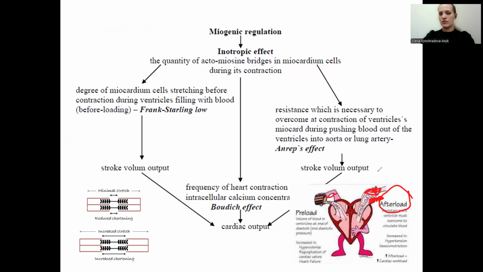That's why if pressure goes up here, contraction of the heart will also go up. And we can see that aged people have increased muscle and volume of the left ventricle. Why does it happen? Because they have problems with the aorta and arteries because of atherosclerosis, and the heart needs to work more to push blood outside of the heart. This is self-regulation of the heart.